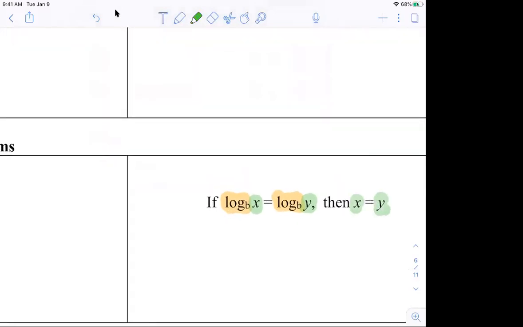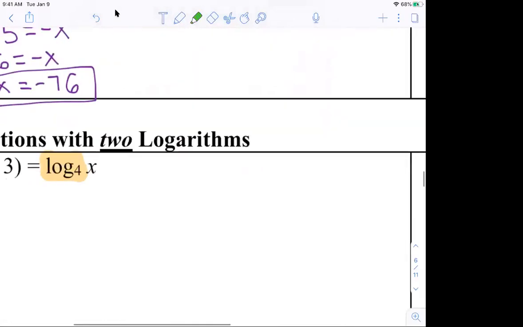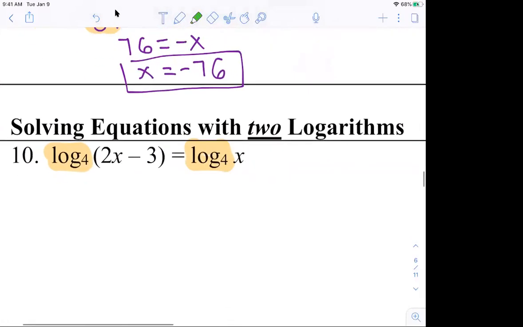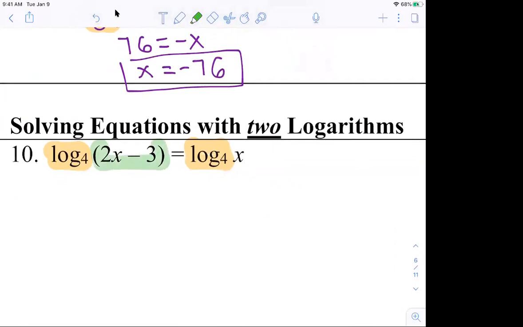So the inside part of the log, sometimes it's in parentheses, sometimes not, is going to equal each other. So because of that, 2x minus 3 is equal to x. Again, this only happens if it's the same log with the same base. So pretty easy, kind of like the log base 4s drop out.